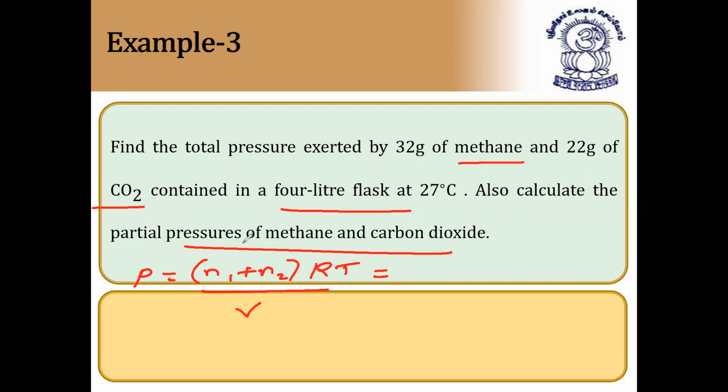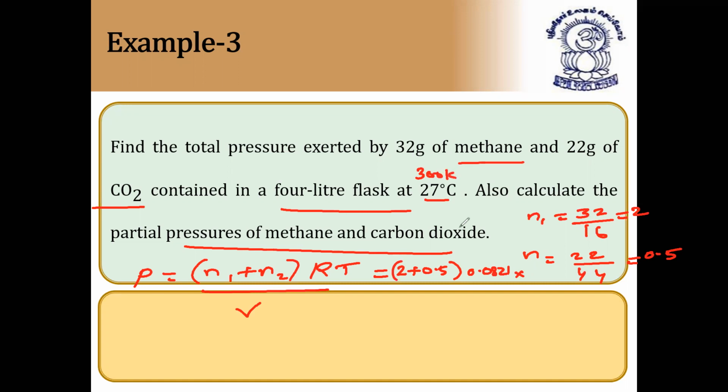So N1 is given as 32 grams. So first you have to find N1. N1 is equal to weight by molecular weight, 32 by 16, because the molecular weight of methane is 16, which is equal to 2. Similarly, N2 is equal to 22 by 44, because the molecular weight of carbon dioxide is 44, which is equal to 0.5. So by this you can write (2 plus 0.5) into the R value, 0.0821, into temperature 27 degrees C. 27 degrees C means 300 kelvins.